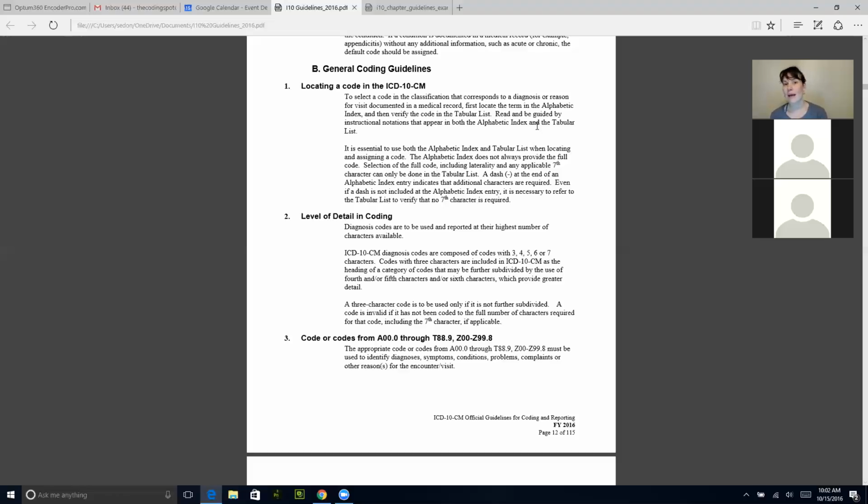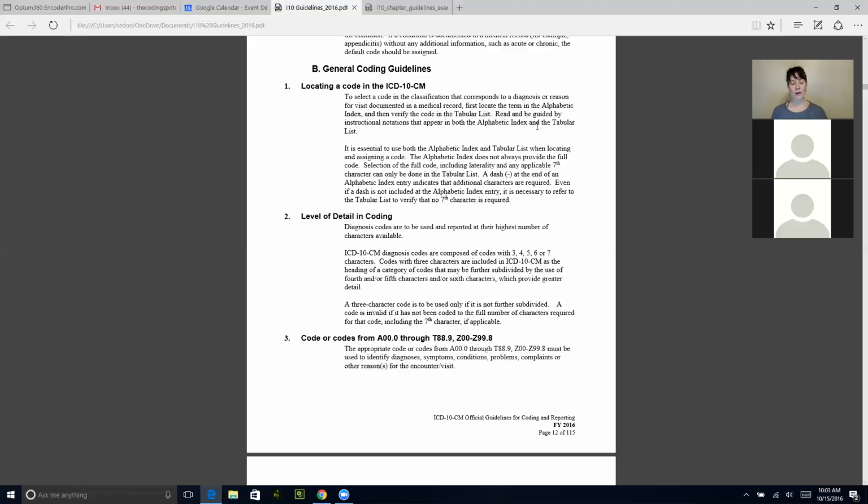So basically what that means in plain English is when you're going through a medical record and you see a diagnosis and you need to code it, you're going to take that term, that diagnosis, and you'll start in your index, which we've tabbed if you remember. You're going to verify the term in the index, and then you're going to look at the page number that it directs you to in the tabular. Then you flip on over to your tabular and you verify the code there.